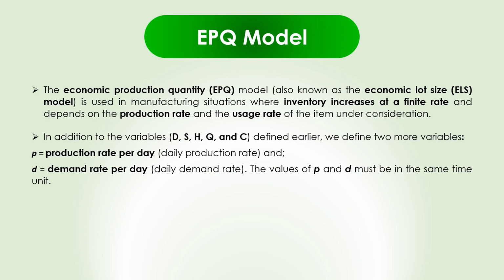In addition to the variables D, S, H, Q, and C defined earlier in the EOQ model, we define two more variables here in the EPQ model. So we have the P, or the production rate per day, or the daily production rate, and the D, demand rate per day, or the daily demand rate. The values of P and D must be in the same time unit.